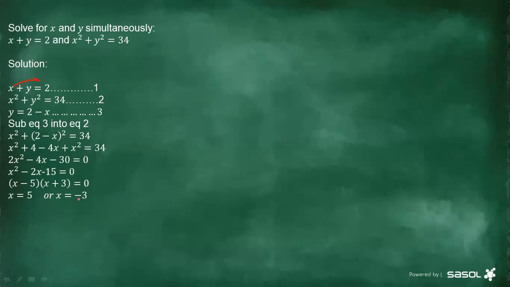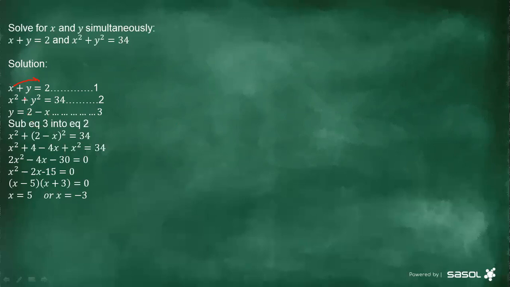Now we are looking for the corresponding y values. I always advise learners to use the third equation. Why? Because y is already the subject of the formula. There's no need for the learner to transpose or divide. You just put the value of x there: 2 minus that value of x, and you will get y.